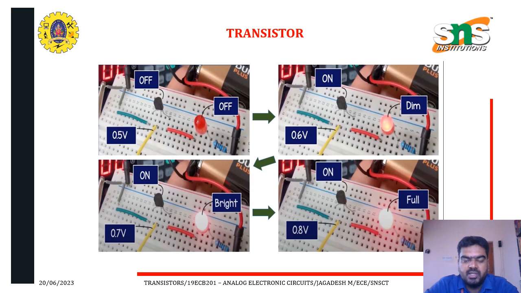It is only 0.6 V. And again, if you increase the 0.6 V to 0.7 and 0.8 V, automatically the red LED light at the output end will become brighter and fully bright. So the conclusion is, if you increase the base voltage step by step, automatically that will be reflected at the load side. In this case we are connecting an LED, so the LED becomes brighter.